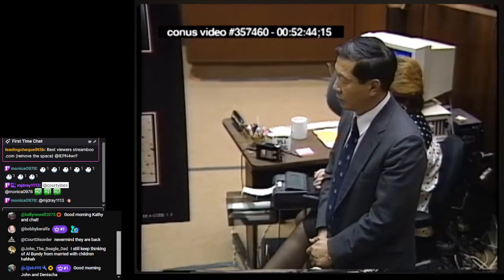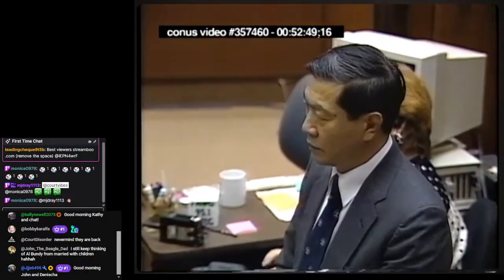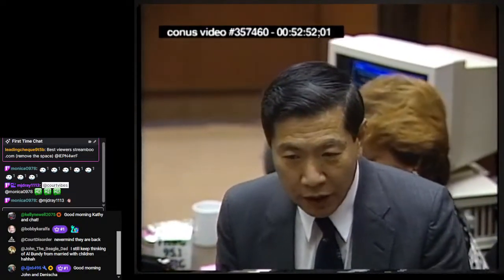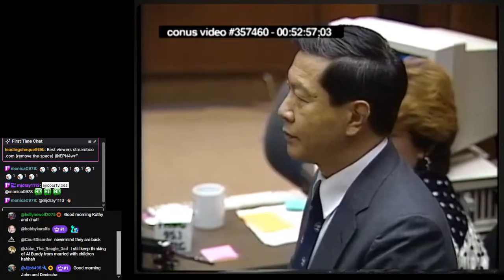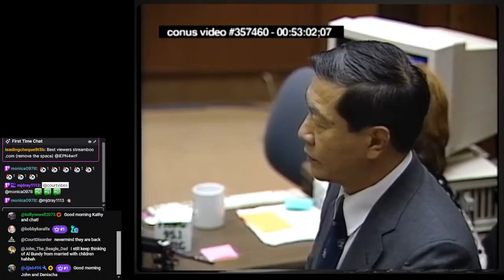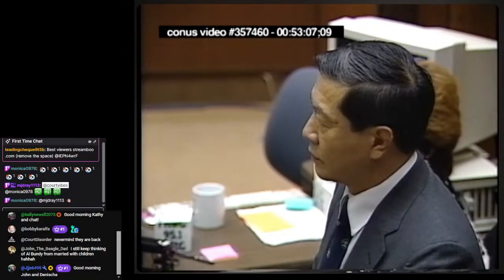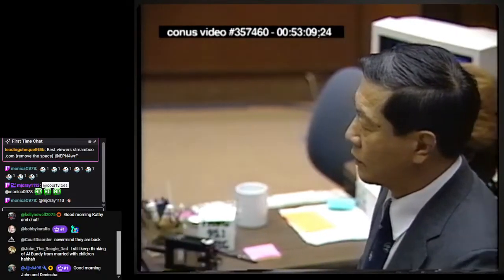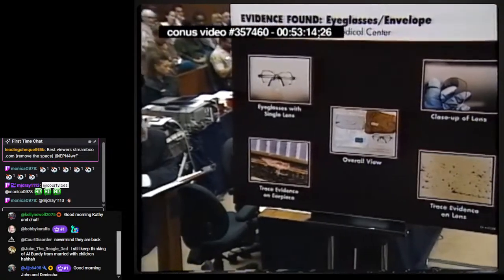Dr. Lee, is it possible to lift fingerprints from glass? You can develop a latent print on a glass, and subsequently you can lift the fingerprint. First you have to develop. Now, are the reddish materials here consistent just by observation with blood?